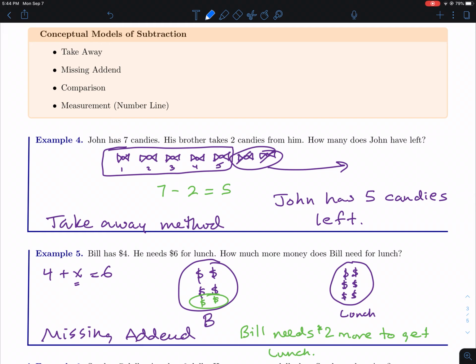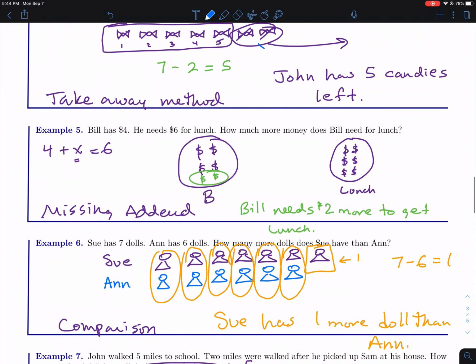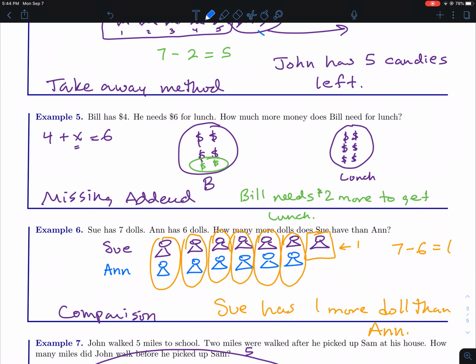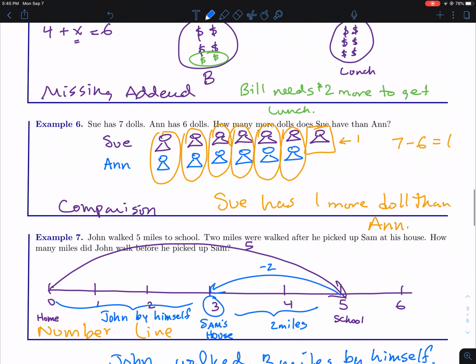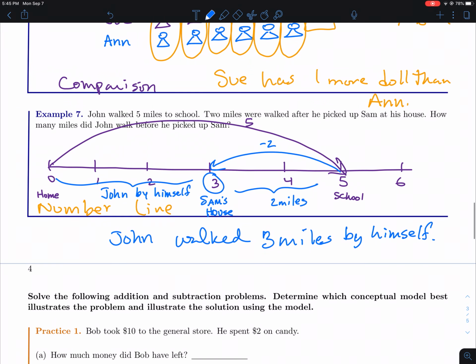In this case, I pulled the 2 candies out. Whatever was left over in the set was the answer. Our missing addend, so we know part of the addition. We know the answer. We just don't know what happens in the middle, and so we have to figure out what that is. Comparison model, again, just draw pictures of similar things and compare the two. And then again, another number line model.